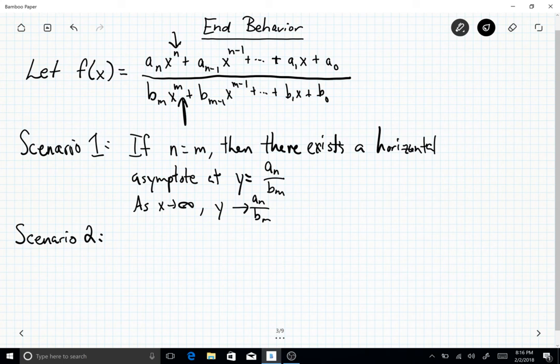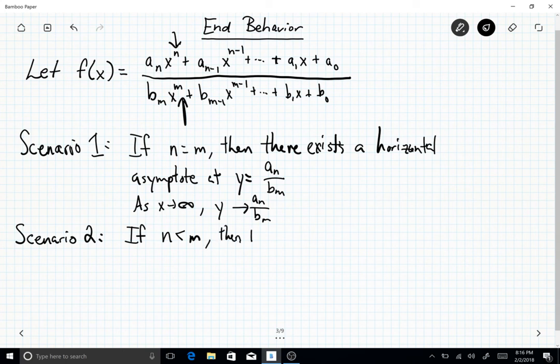Scenario 2. Actually, let's do the other way around. We'll do m is greater than n, or n is less than m. That means the degree of the denominator is larger than the degree of the numerator.